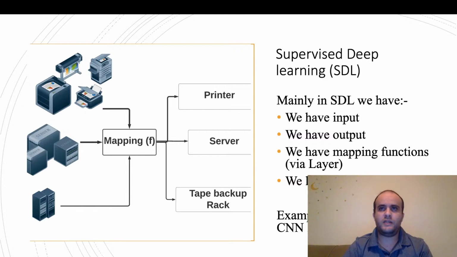It takes the input and output and maps them together to learn through deeper layers. We need layers with different weights and biases and activation functions until it recognizes the pattern itself. For example, from traditional machine learning we have support vector machine and random forest as examples of supervised learning, and from deep learning we have CNN and RNN.